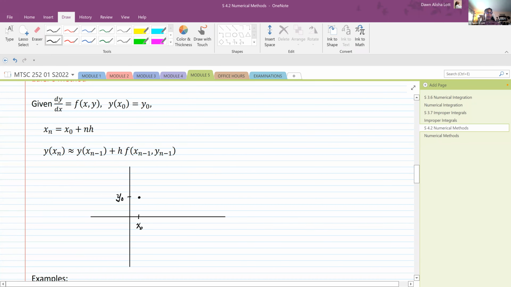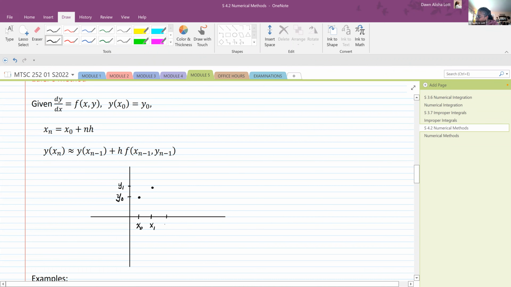That's what you're going to start with. Then in small increments of h, which I will explain to you, we will next find x1. And then we will compute the y value for that, we will call that y1.